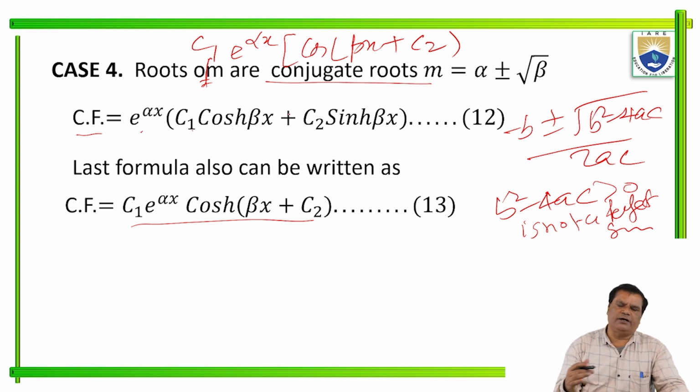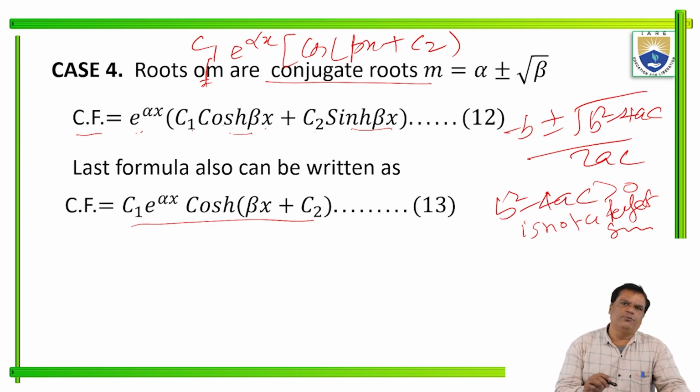This is the same formula as in case 3 and case 4. Case 3 is imaginary roots. Case 4 is conjugate roots. In case 3, imaginary roots, we write cos beta x, but here it is hyperbolic. In conjugate roots we write this formula: e to the power alpha x, C1 cos hyperbolic beta x plus C2 sin hyperbolic beta x.